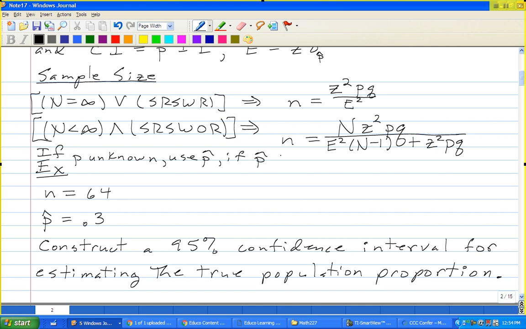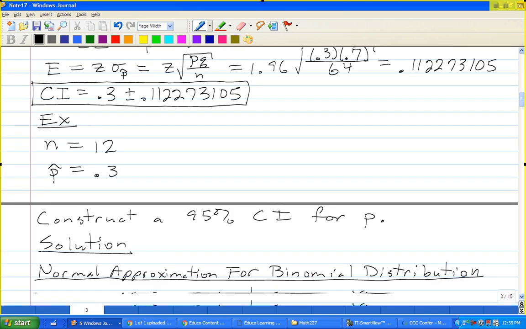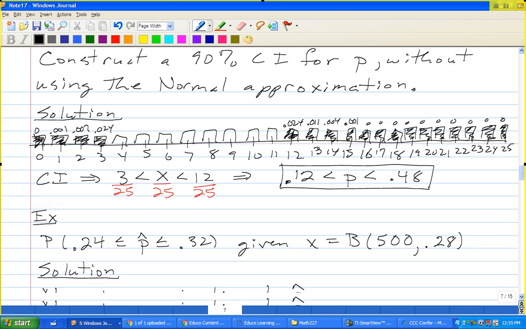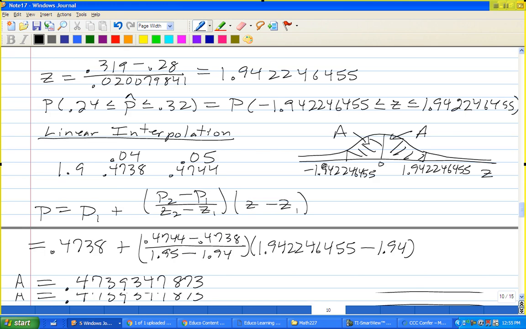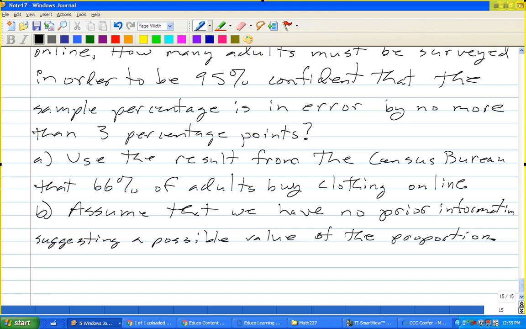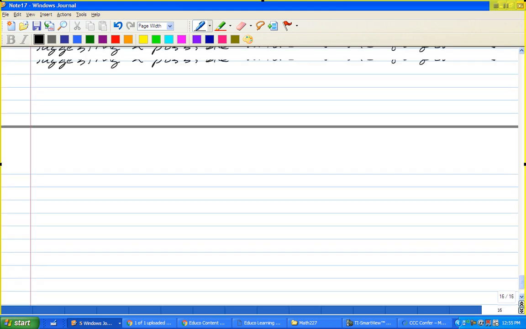If the sample proportion is unknown, use 1/2. So use a half, 0.5. That will give you the maximum error. So just use 0.5.